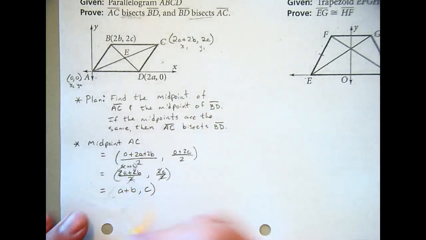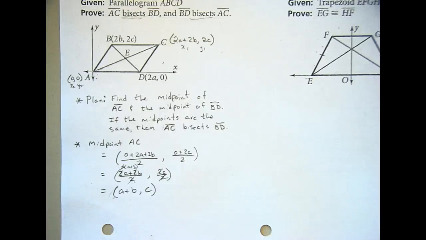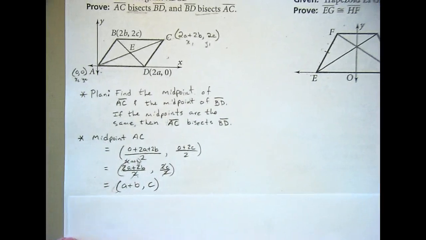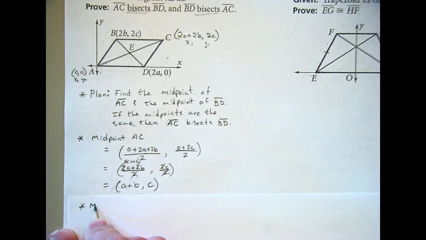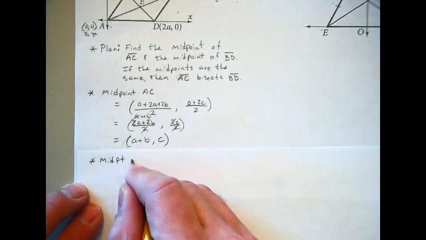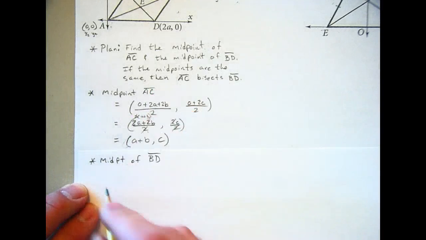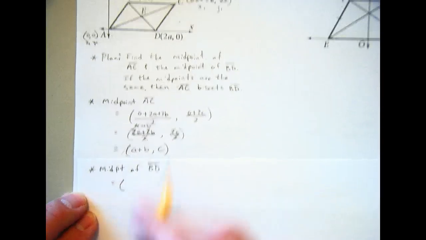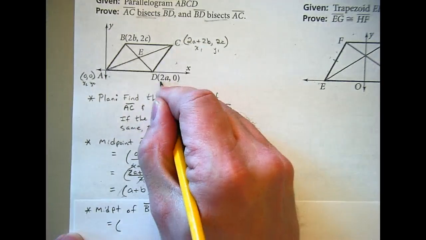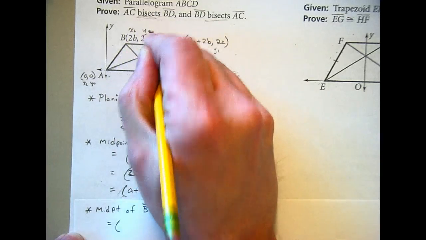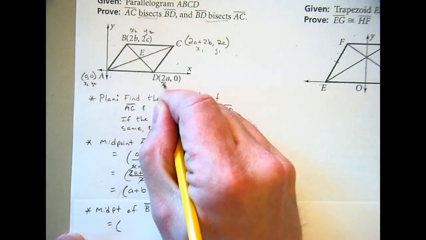Now, how many found the midpoint of BD? Did you get the same thing? Okay. So if I'm calculating the midpoint of BD, we're adding them up, we call this one x2, y2, x1, y1.